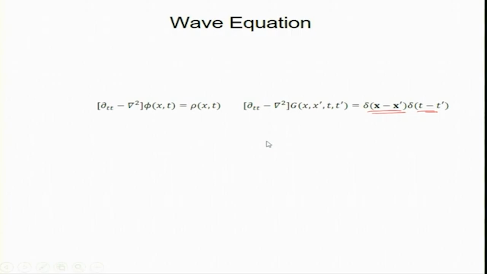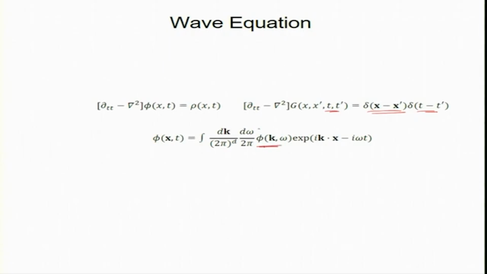So, what is the Green's function for this? Now, I need to use a 4 dimensional Fourier representation, e to the i k dot x minus i omega t, because there is a time variable sitting here as well. So, this is what I need to use. This is a general formula which I had written in the previous slides.